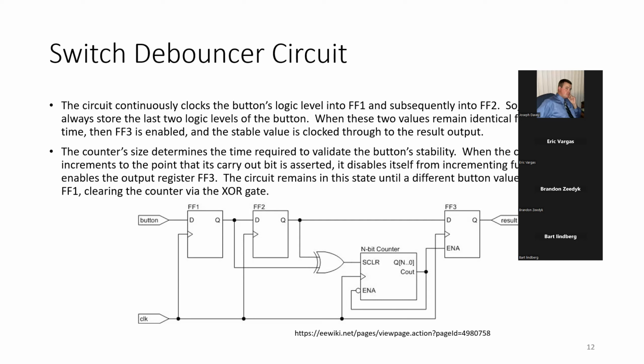So if I have a difference between Q0 and Q1, I have a clear command. A clear command will be interpreted as 0 output. The counter is reset to 0. What does it mean?